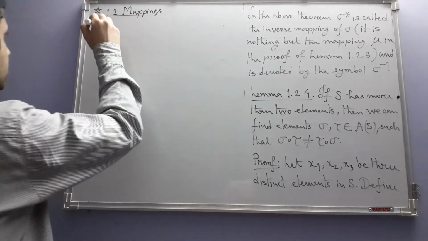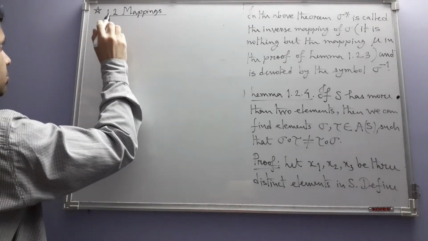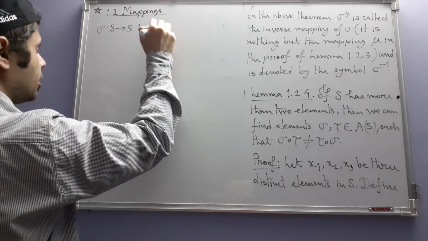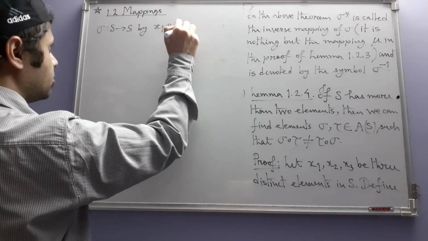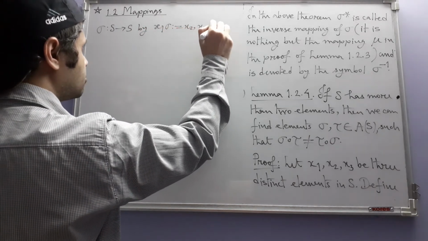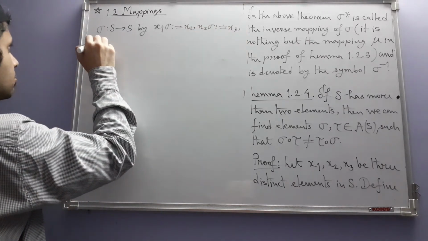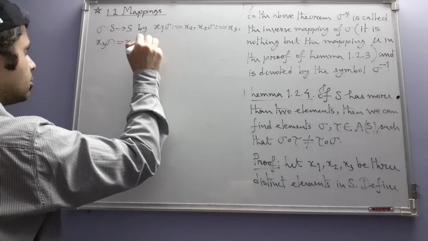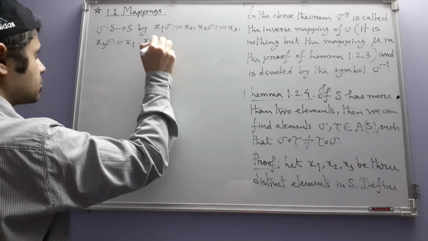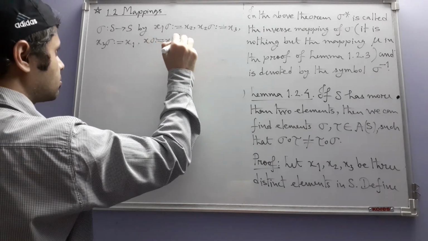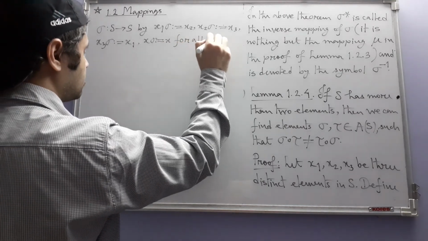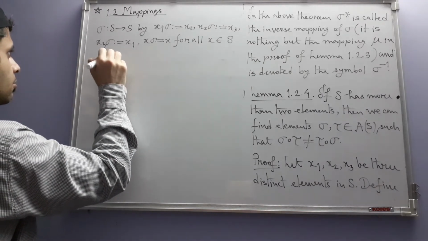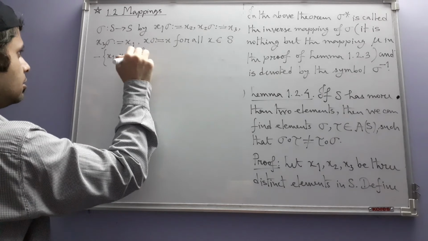So define sigma from S to S by x1 sigma equal to x2, x2 sigma equal to x3, x3 sigma equal to x1, and x sigma is equal to x for all x belonging to S minus x1, x2, x3.